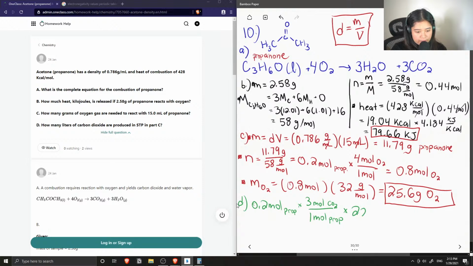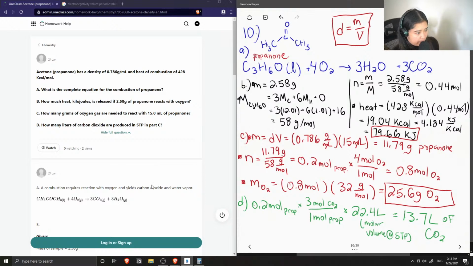So we multiply this whole thing by 22.4 liters, which I'll put in brackets, is molar volume at STP. And our final answer would then be 13.7 liters of CO2.